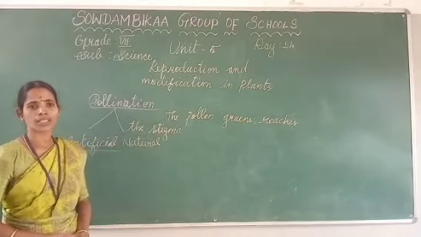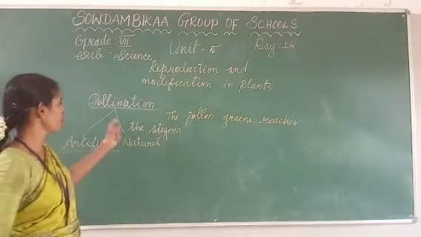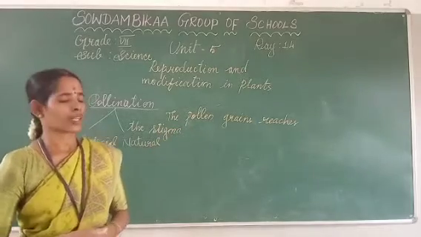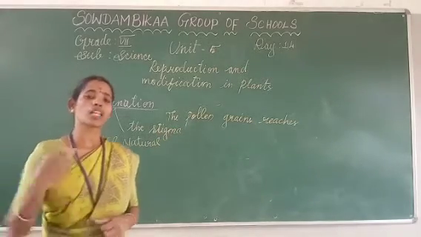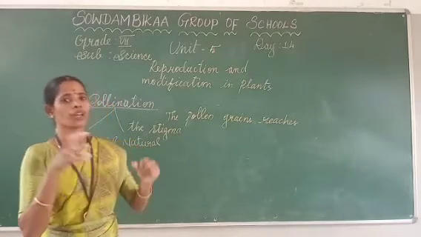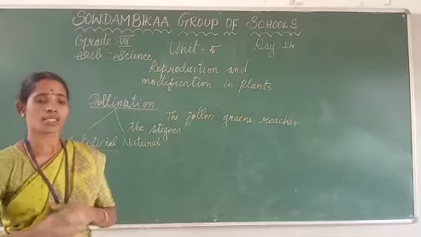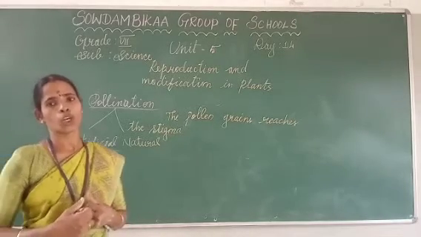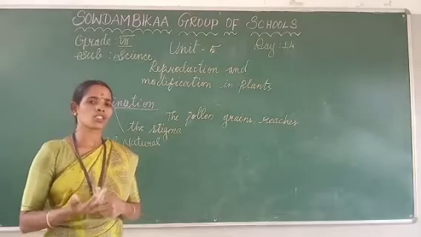The pollen grains reaching the stigma is called pollination. Definitely, not all flowers receive pollen grains. Some flowers receive pollen grains, some do not. So depending on this, they are categorized into 2.